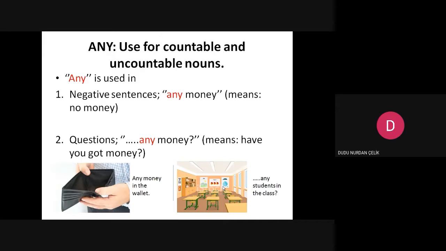And we can answer like, no, there aren't any students in the class. So, summary, we use any in negative sentences and in questions.